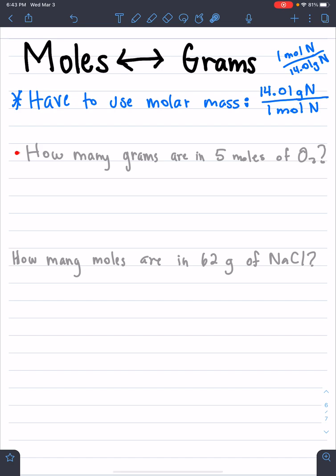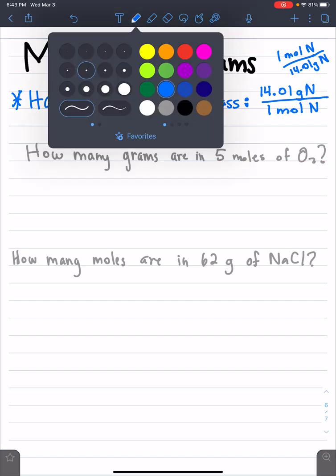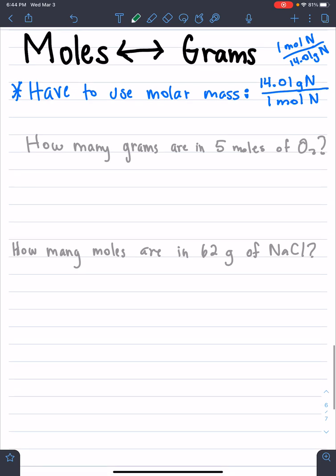Alright, so let's look at this first problem. It's asking how many grams are in 5 moles of O2. The first thing we need to see is that it gives us 5 moles of O2, so that is our starting point. Now, just like before when we were doing mole to mole conversions, we're going to multiply by some sort of ratio.